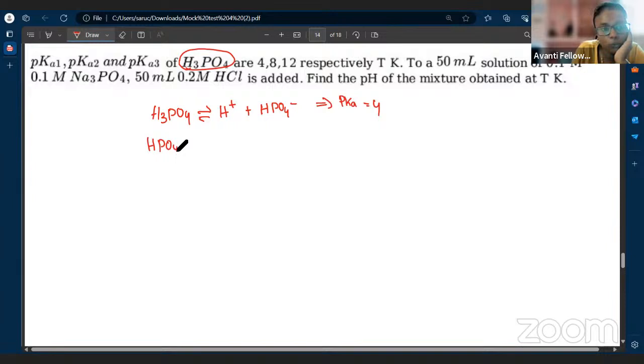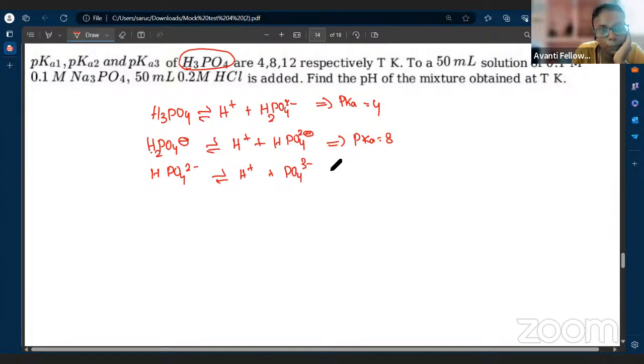Then H2PO4 minus gives another H+ to form HPO4 2 minus, whose pKa is 8. Again, this HPO4 2 minus gives H+ and PO4 3 minus, whose pKa3 is 12. So these are the pKa values: removing 1 H+ gives 4, removing 2 H+ gives 8, removing 3 H+ gives 12.